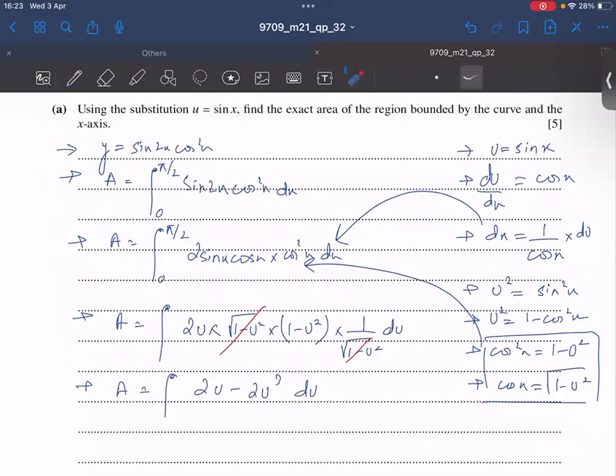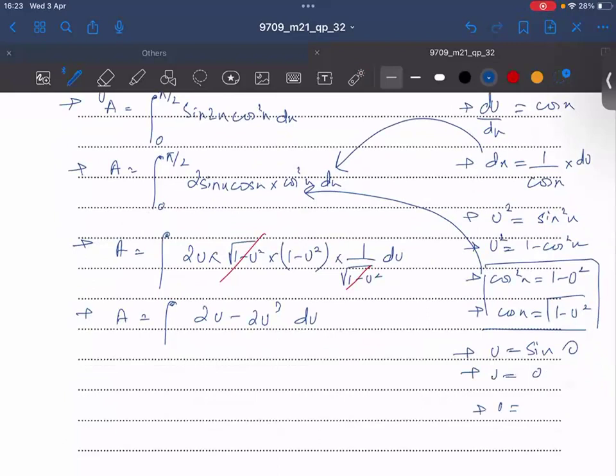And now we need the limits for u as well. I have the limits for x, which are 0 to pi by 2, so we will also edit the limits. Sine 0 gives 0, so one limit for u is 0, and for the other I substitute pi by 2 in place of x, which gives 1.